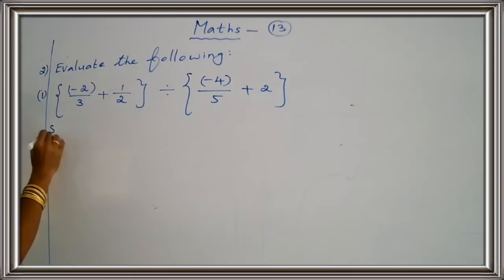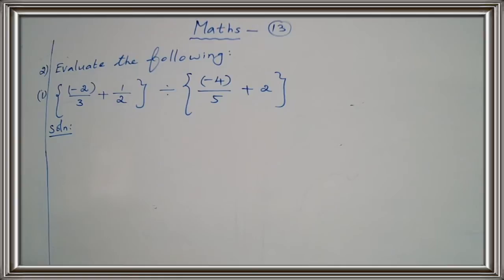Okay, listen carefully. Here your question is evaluate the following. Okay, the first one, inside the bracket minus 2 upon 3 plus 1 upon 2, divided by another bracket, inside minus 4 upon 5 plus 2. Okay.